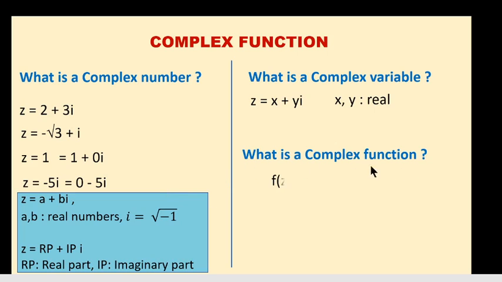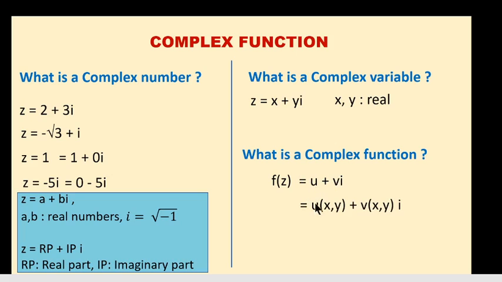A complex function is a function of the complex variable z, and this complex function will have a real part and an imaginary part. The real part here is u and the imaginary part is v. Now since this is a function of z and z is x plus iy, this complex function will also be a function of x and y.